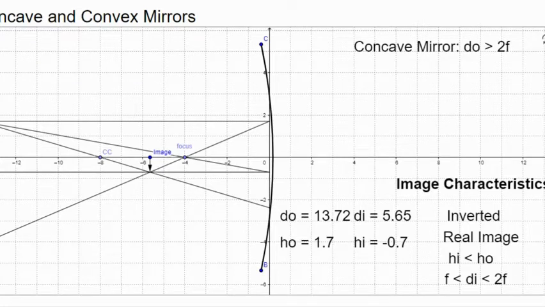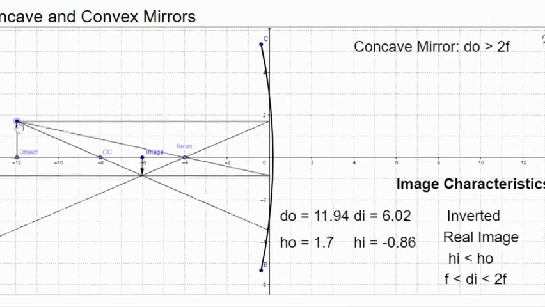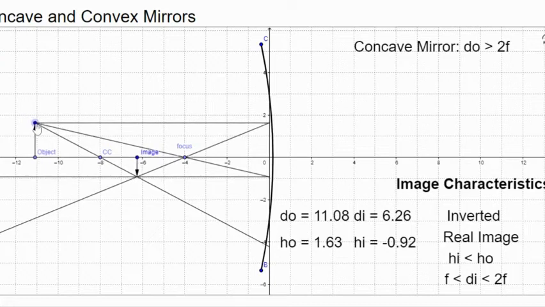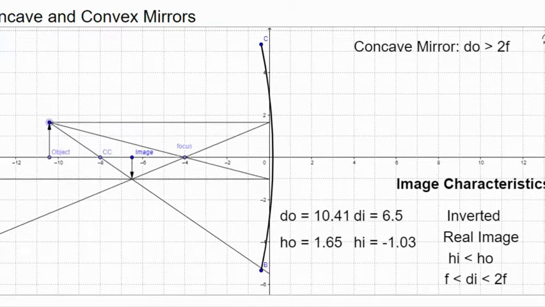But as the object moves closer to the mirror, and again, I'm trying to keep the object the same height, you'll notice that the image height grows. Oops, got the object a little smaller there, but still you'll see the image height growing. So I'm trying to keep the object about 1.7, but as the object moves closer to the mirror, the image gets larger. And those two things are a result of the relationship between the image distance, the object distance, and the focal length that we know of from the mirror equation. All right?